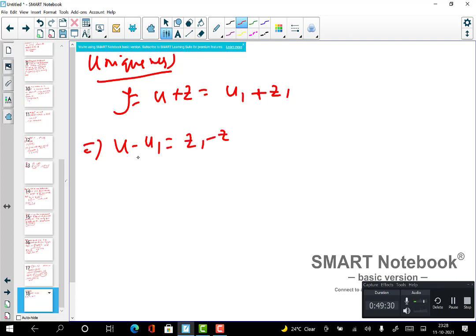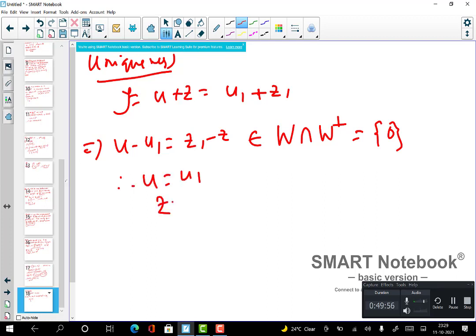But u minus u1 is inside W, and z1 minus z is inside W perp. So this is inside W intersection W perp. Now, what is the only vector which is inside both subspaces? Only the zero vector. There is no other choice, and hence u has to be equal to u1 and z has to be equal to z1. So this representation is unique.